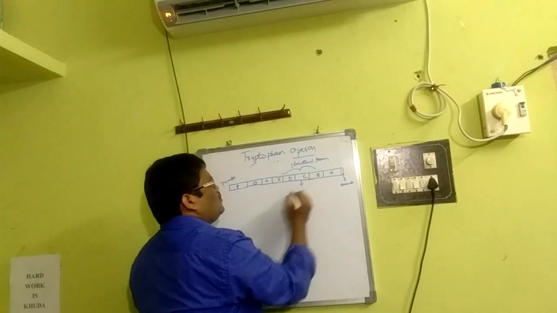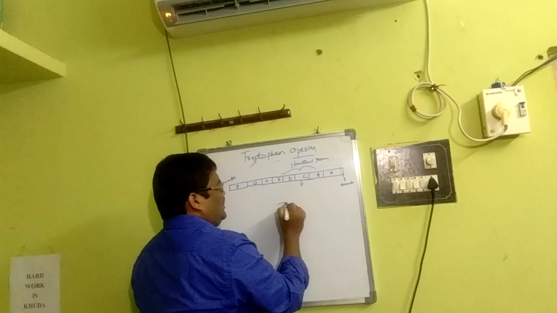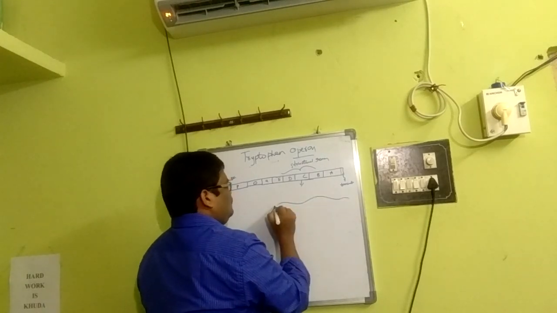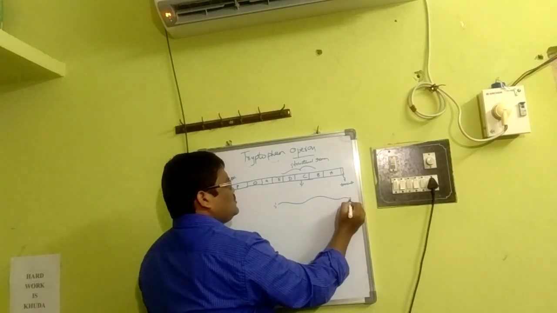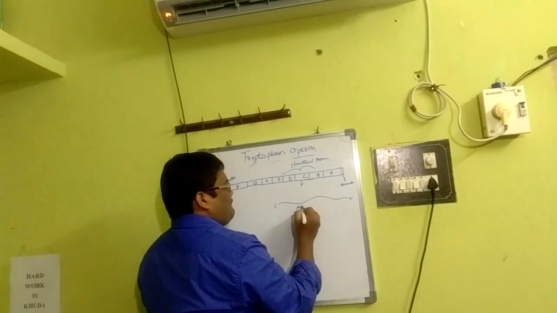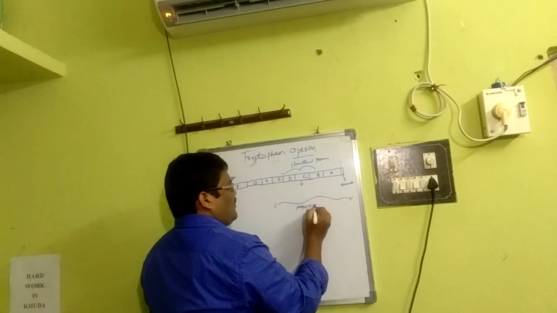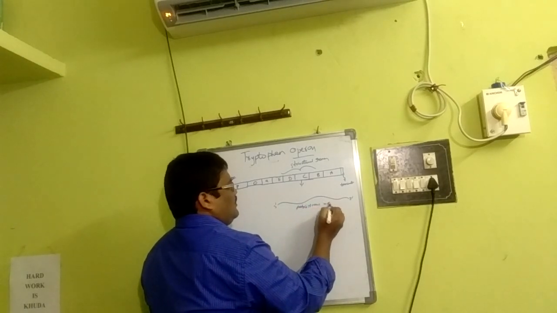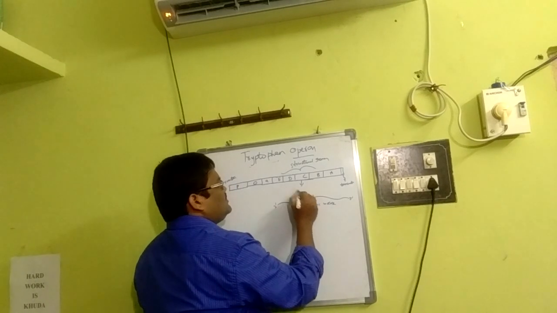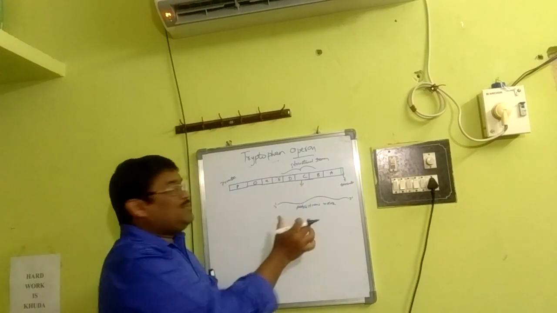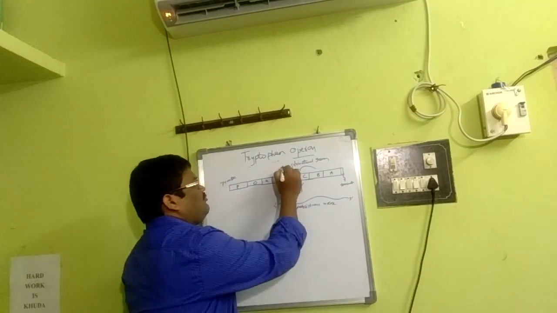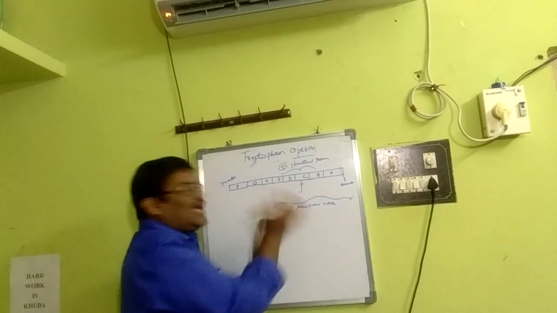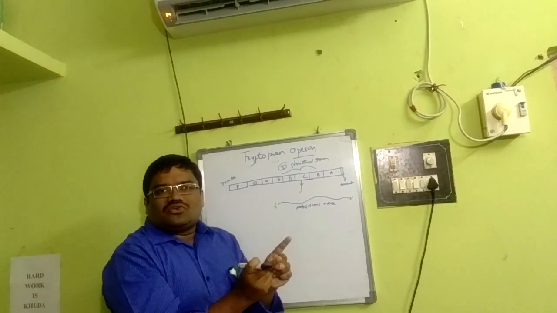They synthesize one polycistronic mRNA. With respect to all these 5 structural genes, that means the 5 structural genes transcribe into one polycistronic mRNA.